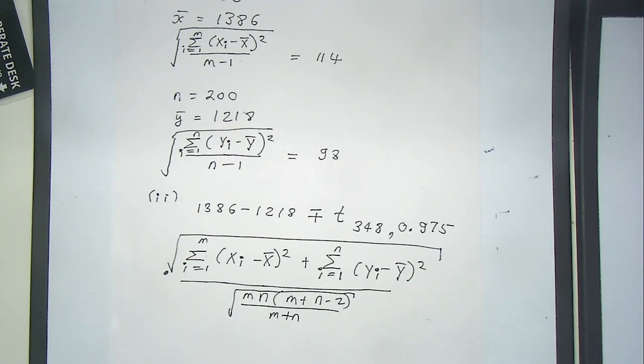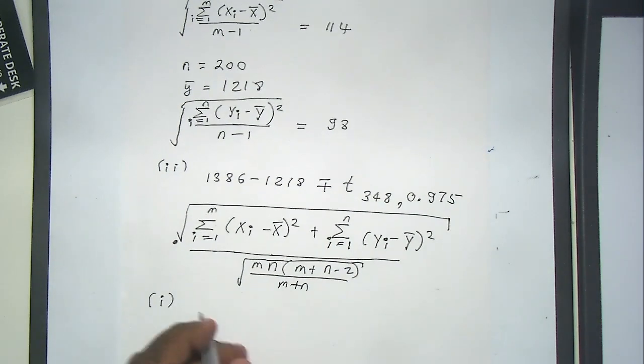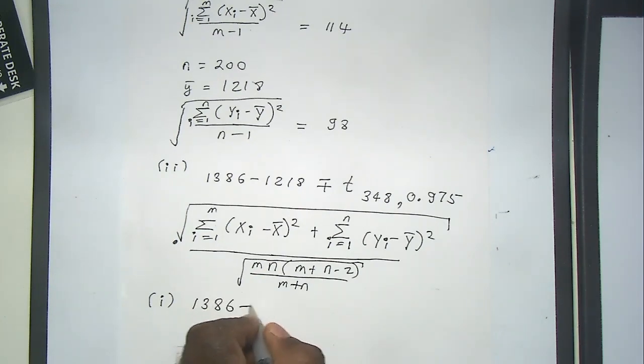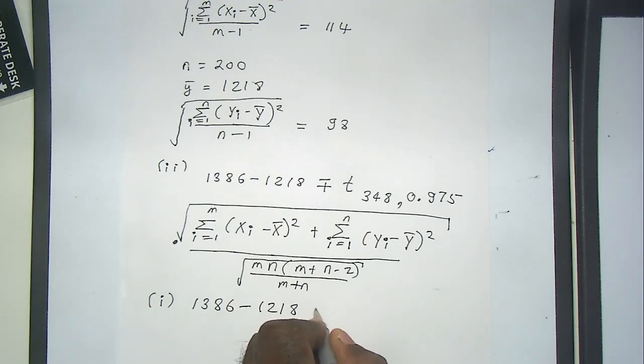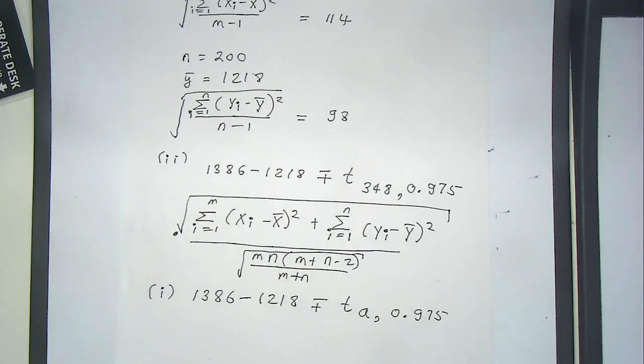Now, well, maybe I can also do part 1, which I skipped. For part 1, it will look like this: x bar minus y bar, minus or plus t a 0.975. A is something that you need to work out using the formula I gave you in the notes, right?